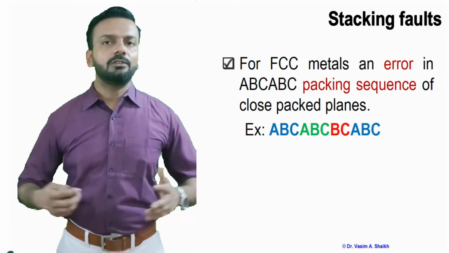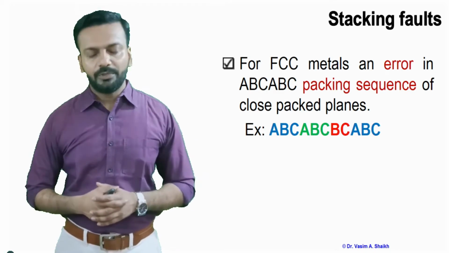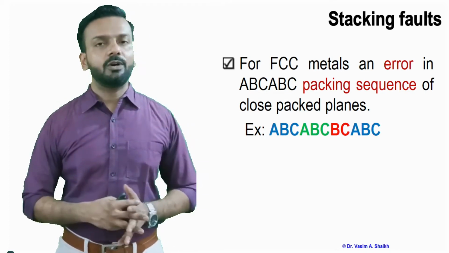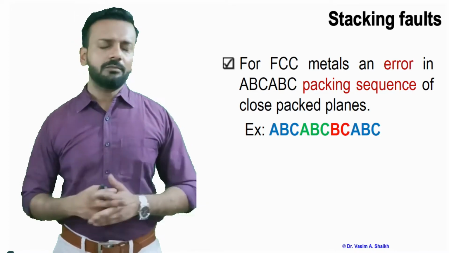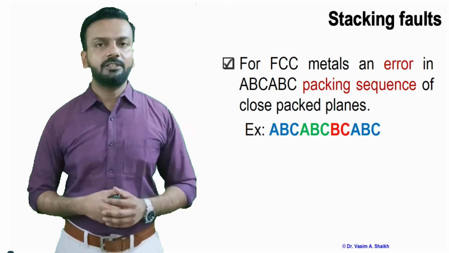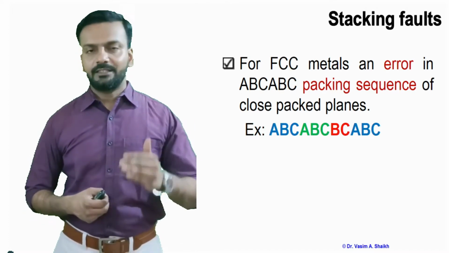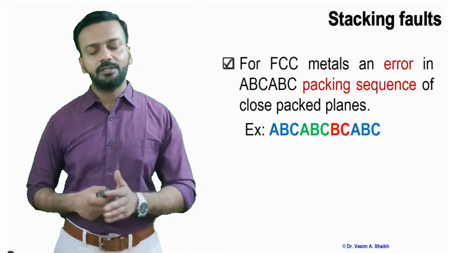So now let us come to the second two-dimensional imperfection other than grain boundary, which is the stacking fault. Let us take an example of FCC. In an FCC metal, the general stacking of planes follows an ABC packing sequence.